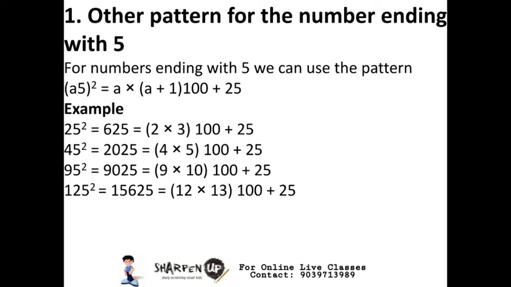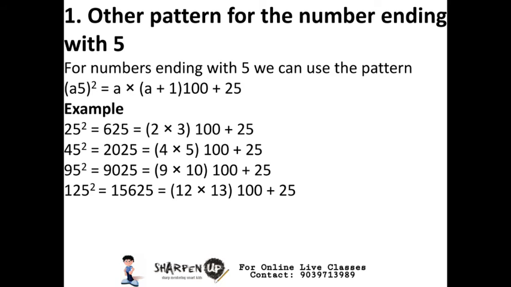We multiply the tens digit by adding 1 to itself. That means we add 1 to a, then whatever result we get, we multiply that result by a, then we multiply our result by 100, then add 25.